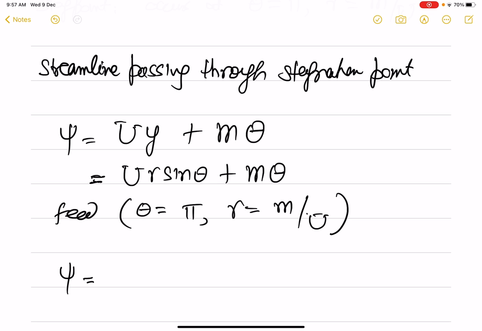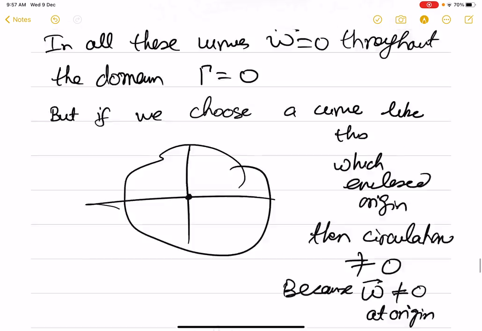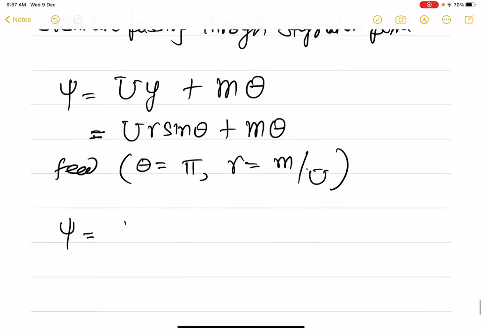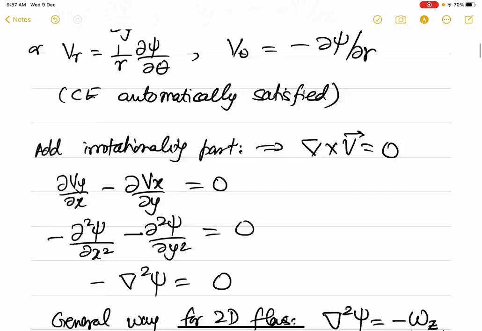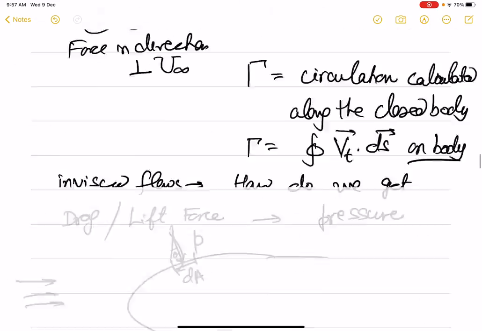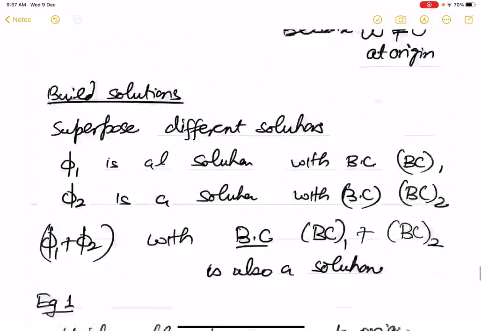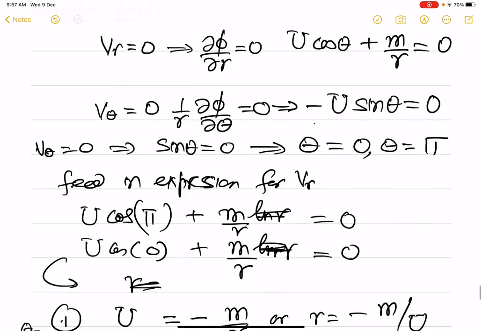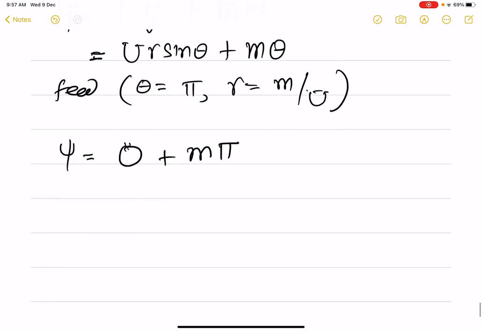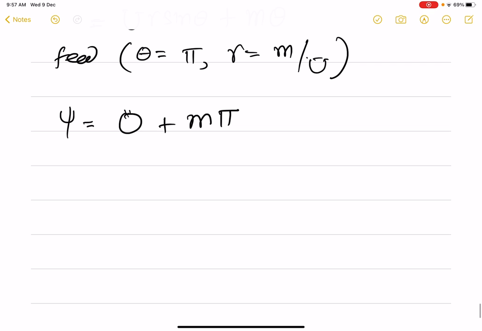So sine theta will give me 0. So first I get a 0 plus m pi. So this is the value of psi for the stagnation streamline. Okay, so psi is equal to m pi.